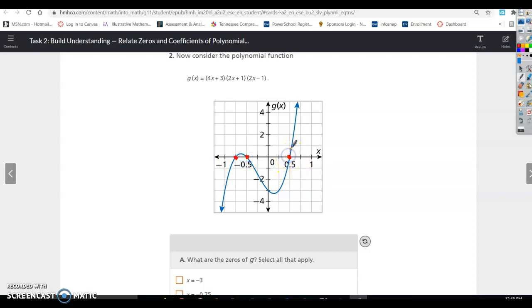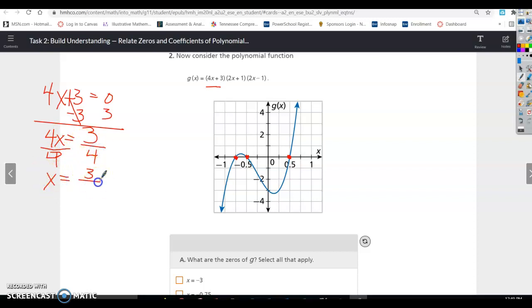All right, so let's see how those relate to the factors. If we have 4x plus 3, and we set that equal to 0, that's our first factor. Then we subtract 3. 4x equals 3, and divide by 4.